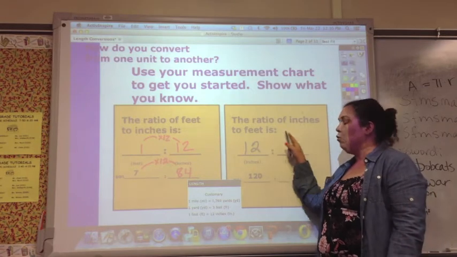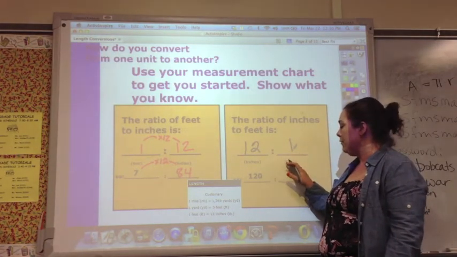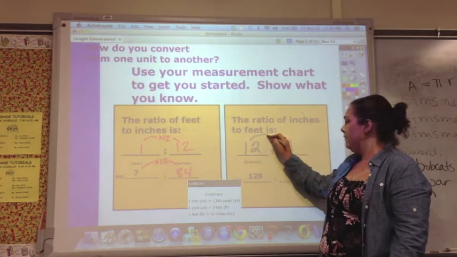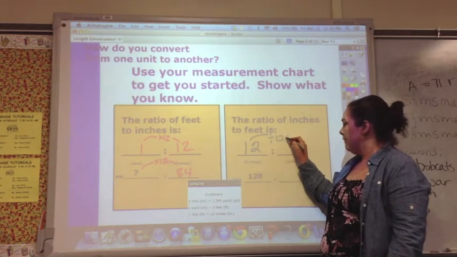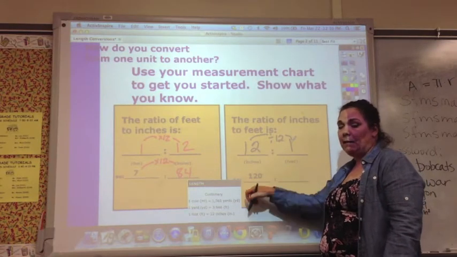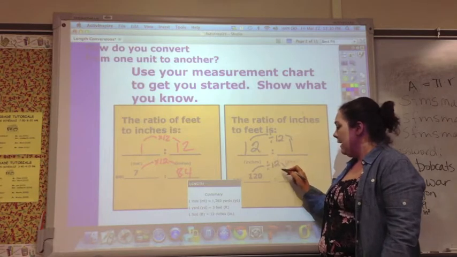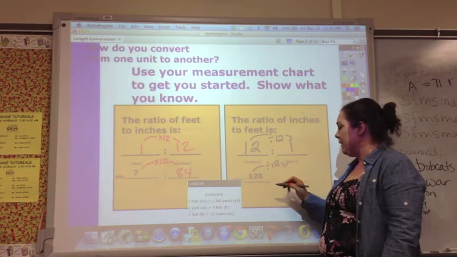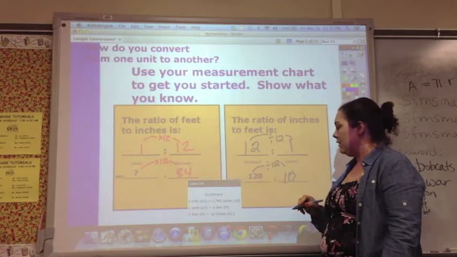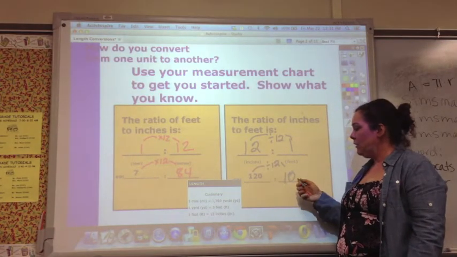How do I get from 12 to 1? Well, to go to bigger units, I have to divide. Divide by 12. So whatever I do up here, I have to keep the same proportion and do down here. Divide by 12. And 120 divided by 12 is, of course, 10. So if you have 120 inches, you have 10 feet.